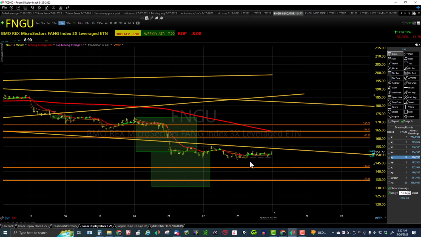And you can see they're trying with a little bit of green there. We had some green this day, had some green this day. Looks like they really want to hold this 140, 145 level. So we'll see what happens. We're going to need some good numbers, some good news, some good stuff coming out of FNGU. Now keep in mind, FNGU only has about 10 products in it.